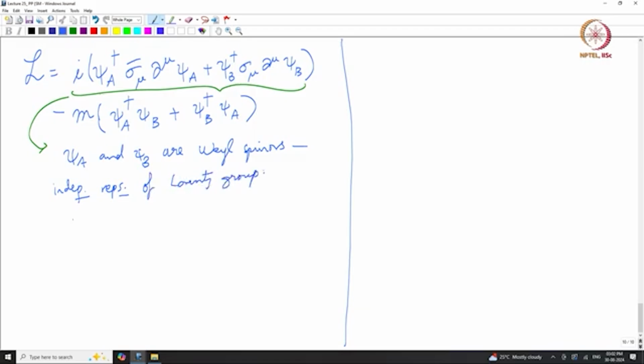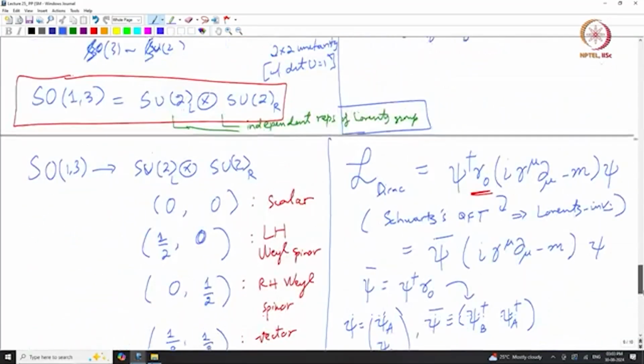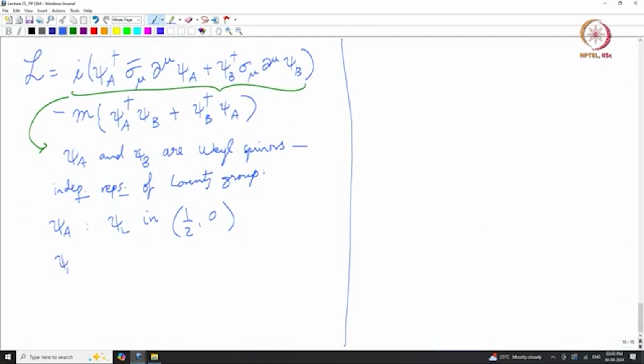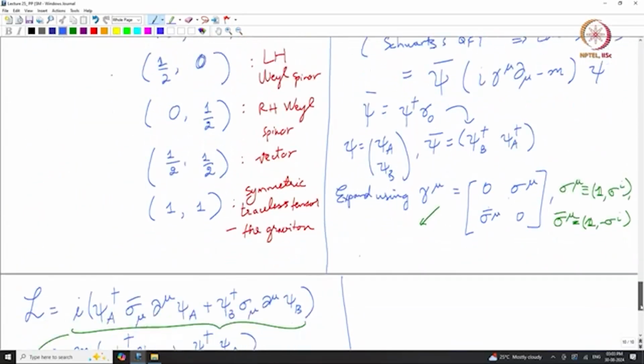That is, psi A is what I would call psi L, which lives in the left handed SU2. Remember from here, left handed SU2, and psi B is what one might call psi R because it lives in the right handed representation of SU2. So I could have just written psi L and psi R to begin with, but because we use the older notation, that is what I went with.